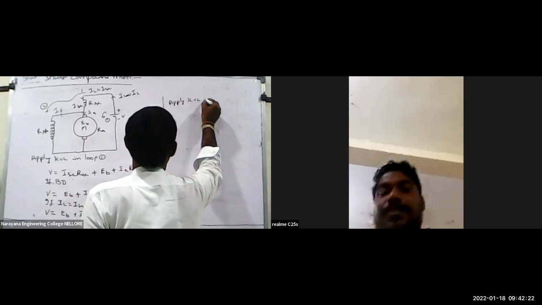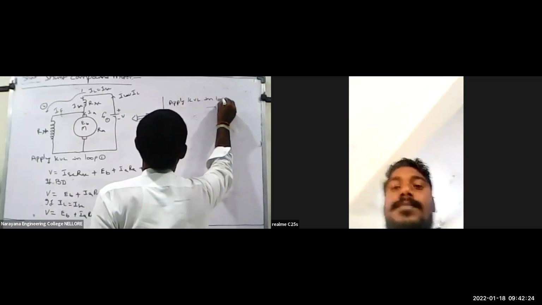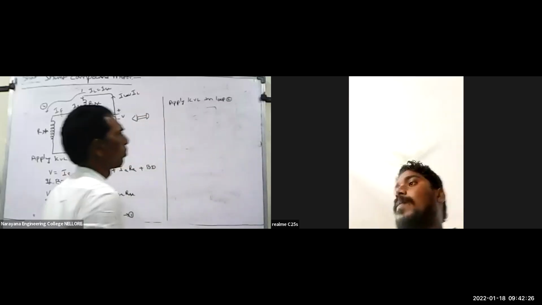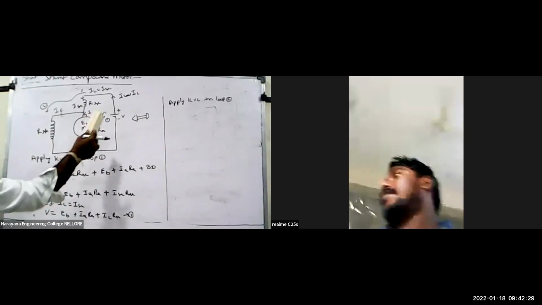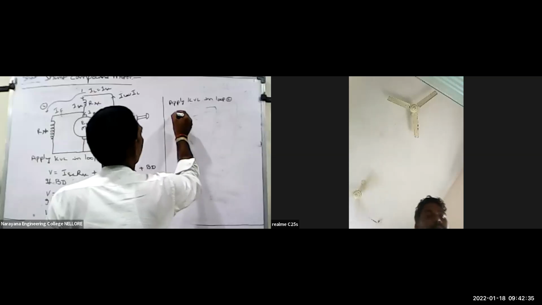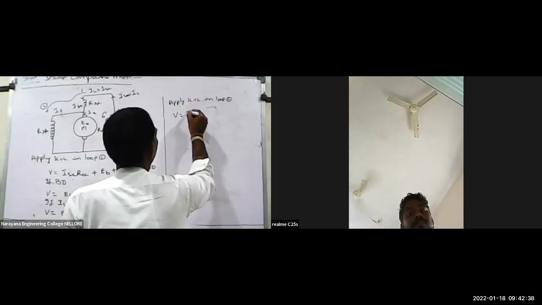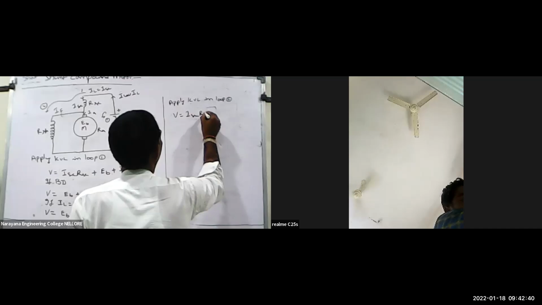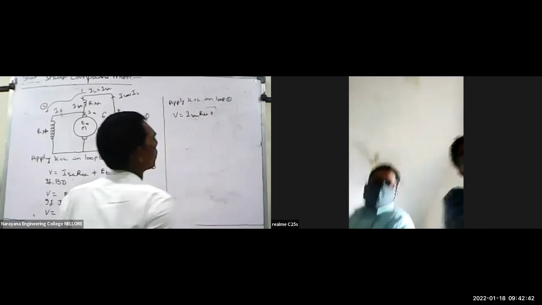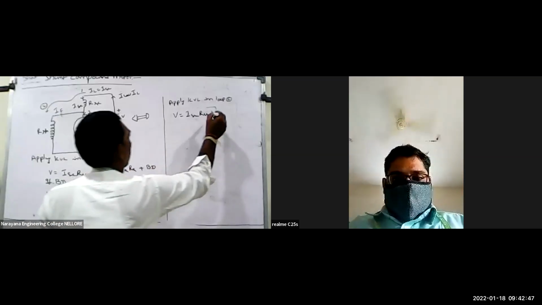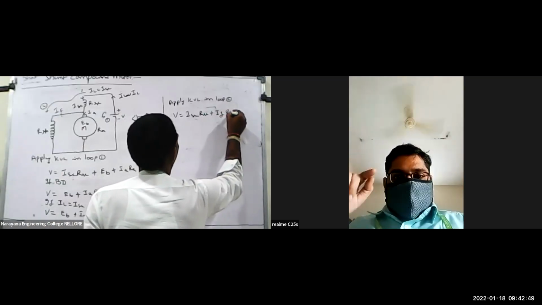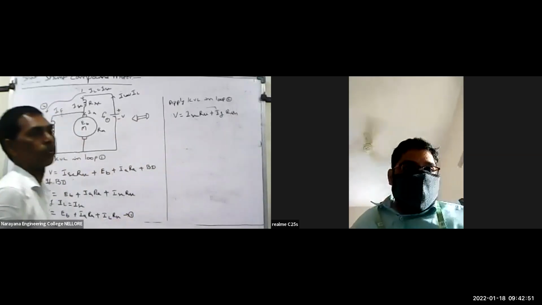Apply KVL in loop 2. V is equal to ISC into RSC plus IF into RSH.